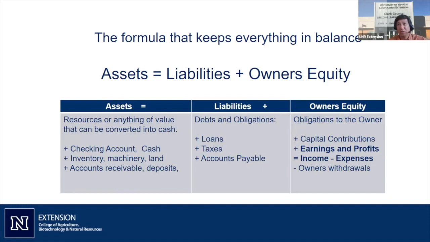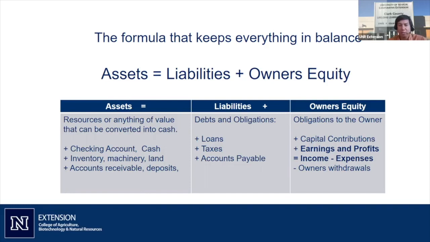So assets, we talk about it: checking accounts, inventory, accounts receivable, deposits, things like that. Liabilities: loans, taxes, accounts payable, okay? Plus owner's equity, which are obligations to the owner, basically, or owners if you have partners, if you have stocks, plus capital contributions, plus earnings.